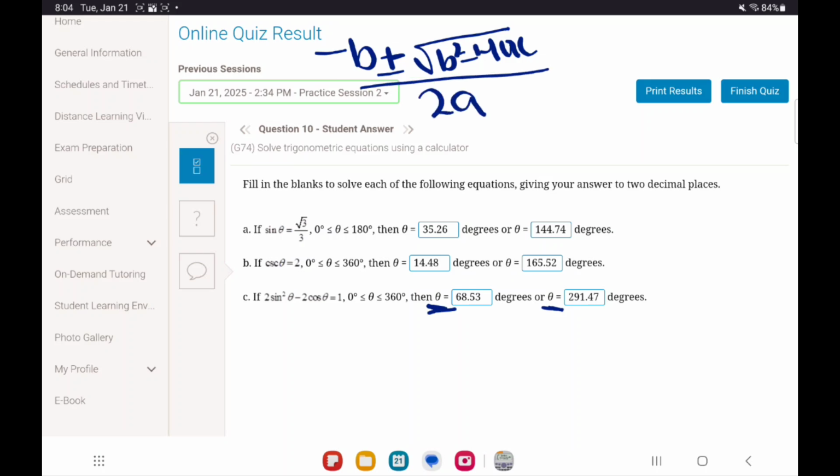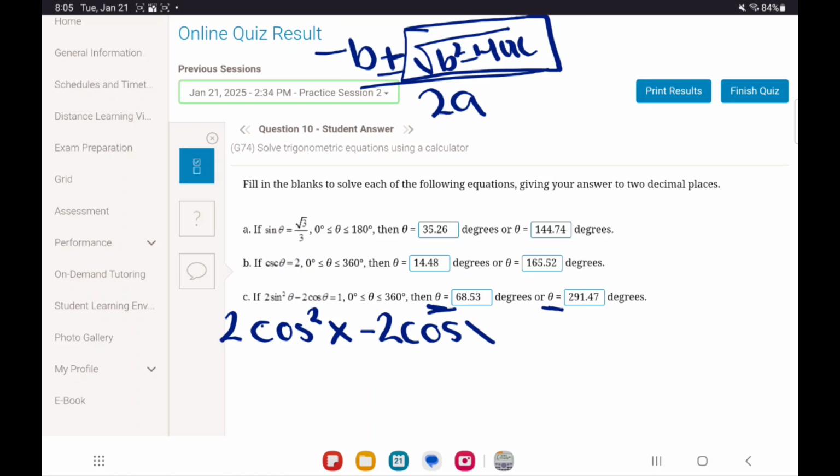Okay, first thing, we start by using this. So for the people who, let me write the equation again. The equation went like 2 cosine squared x plus 2 cosine x minus 1 equals 0. That's what I remember the equation to be.